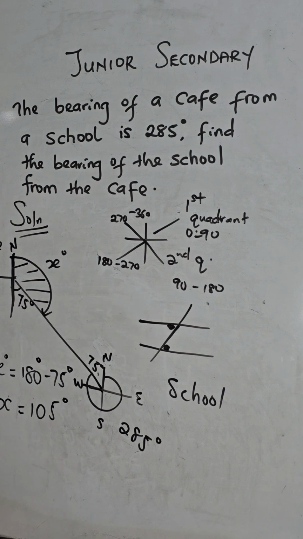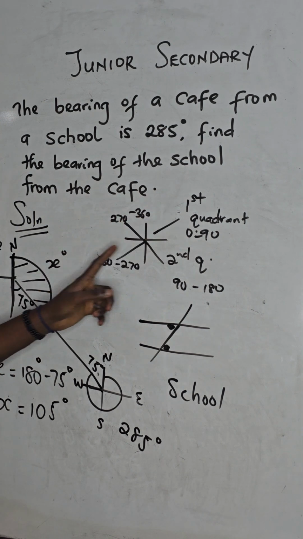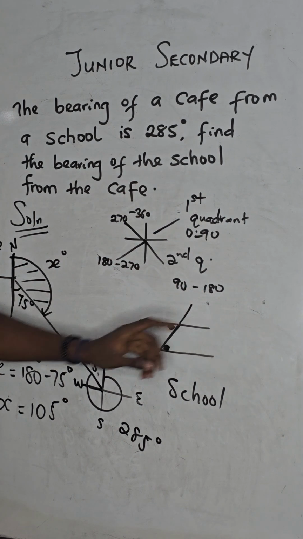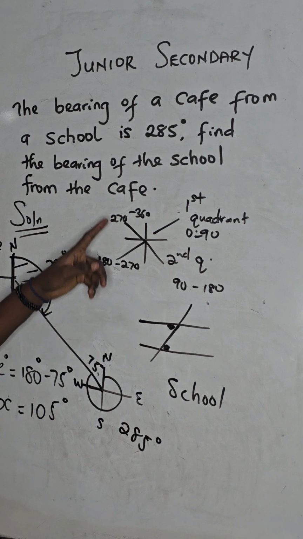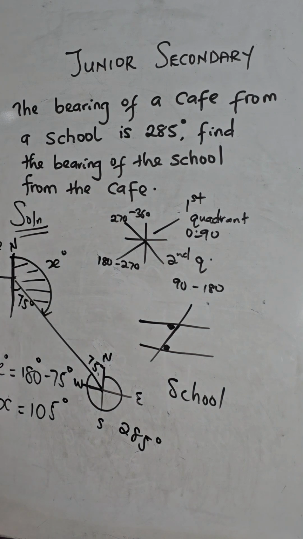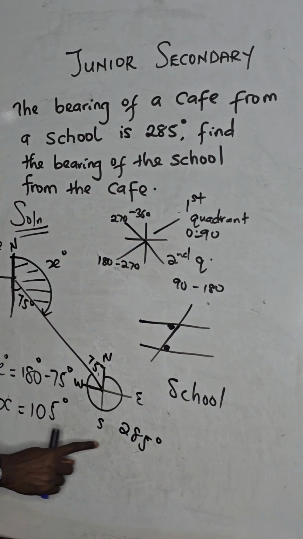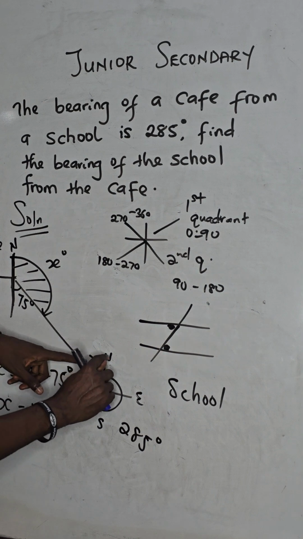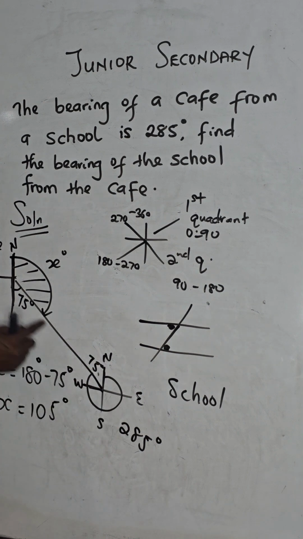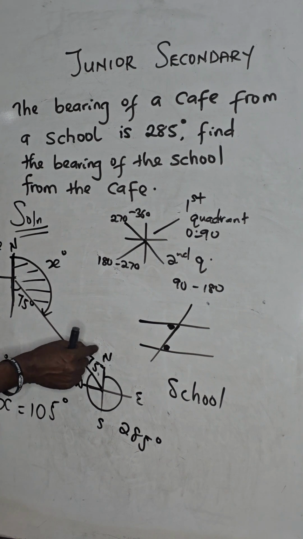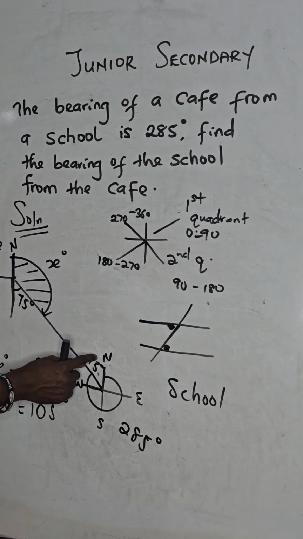I'll quickly go through a summary. There are 4 quadrants: first is 0 to 90, second is 90 to 180, third is 180 to 270, and fourth is 270 to 360. Since the bearing is 285, I check where it falls, and it falls in the fourth quadrant. I write down my 285, find the remainder that would have completed it, and that's 75.